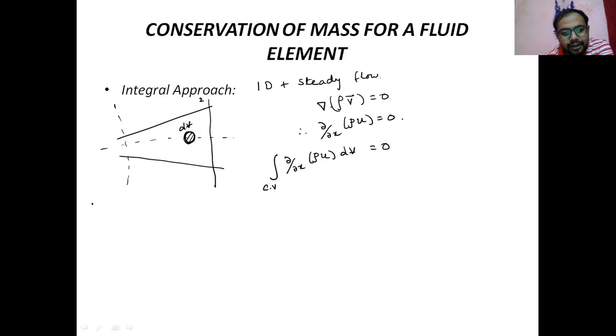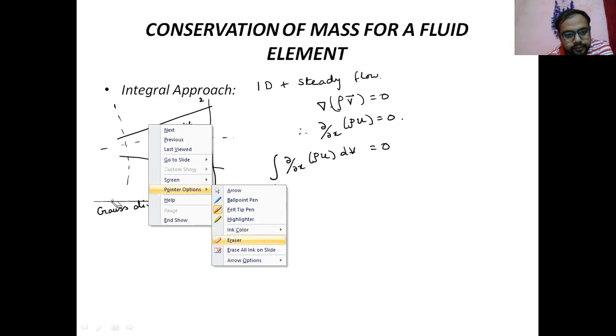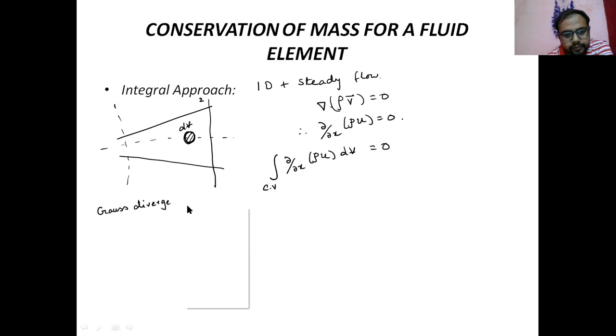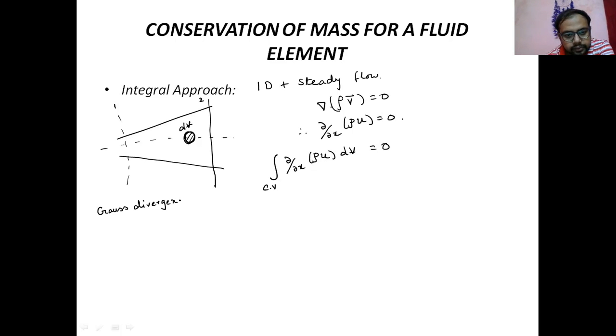Now, one part is the Gauss divergence theorem. The Gauss divergence theorem tells us that we can change an integration over the control volume into one over the control surface, or vice versa.